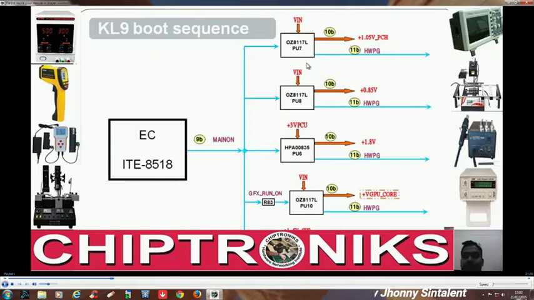After getting the main on signal, 1.05 volt underscore PCH is generated, and it will generate H power good. It is generating 0.85 volt, it is generating 1.8 volt, and this is the voltage for the graphic section, right? And this is generating the 1.1 V underscore GPU.